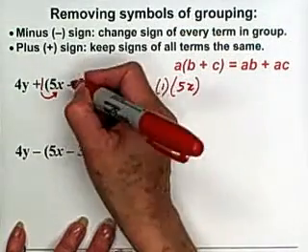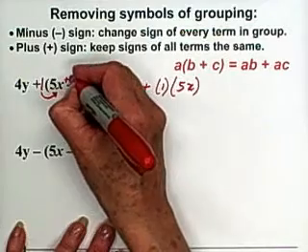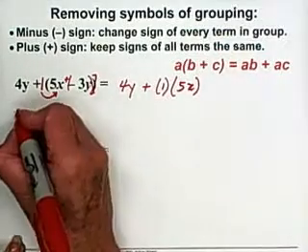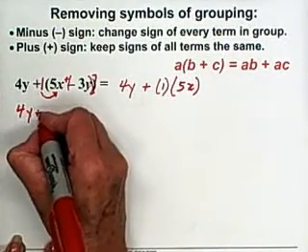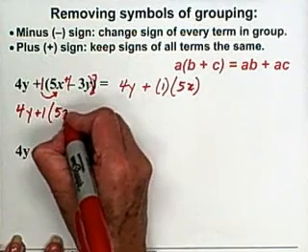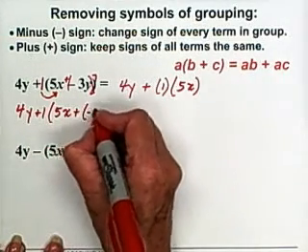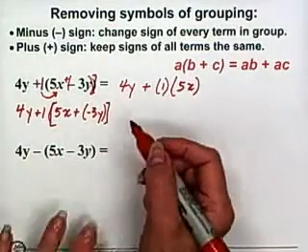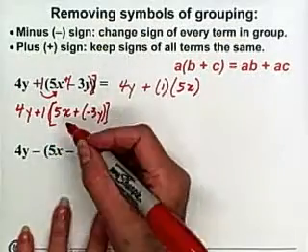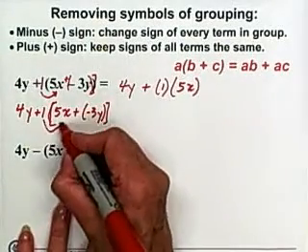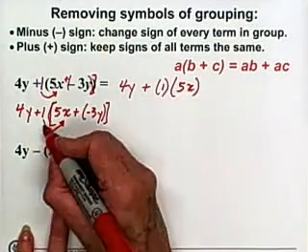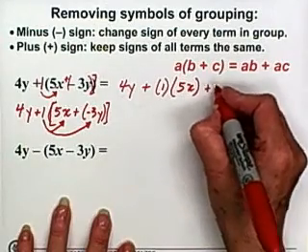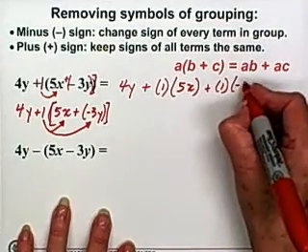And in this situation here, we also have a plus minus 3y here. I'm just going to rewrite that. 4y plus 1 times 5x plus minus 3y. So when we're multiplying through, again, we have the 1 multiplied by the 5x, and now the 1 is multiplied by the minus 3y. So we add the 1 multiplied by the minus 3y.